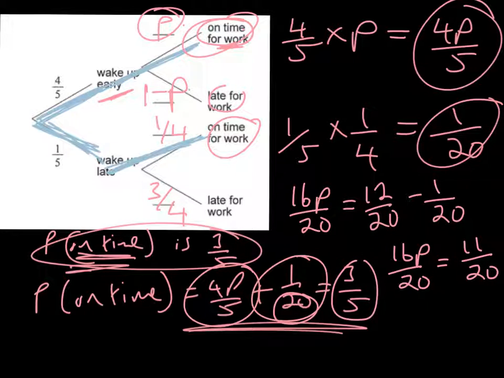So the 20s are going to cancel out, and we'll end up with 16p is going to equal 11, so therefore p is going to equal 11 over 16.